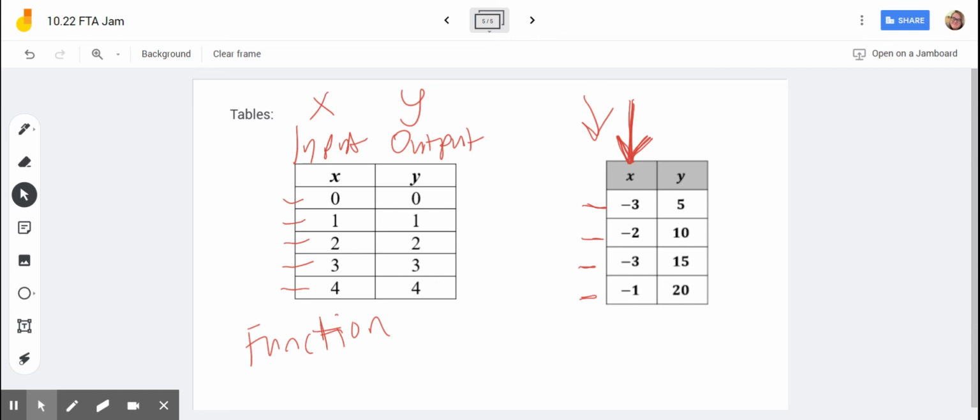Yeah, they do repeat. And what repeats? -3 and -3. Very good. So because they repeat, that means that this is not a function, right?